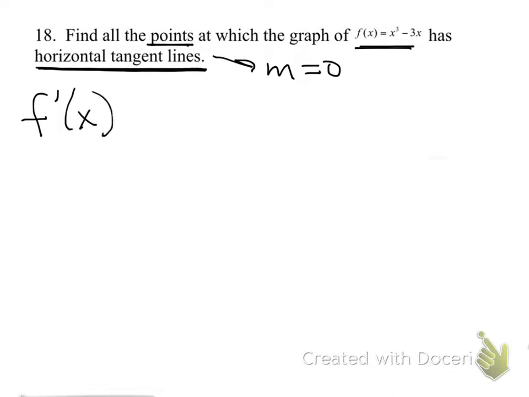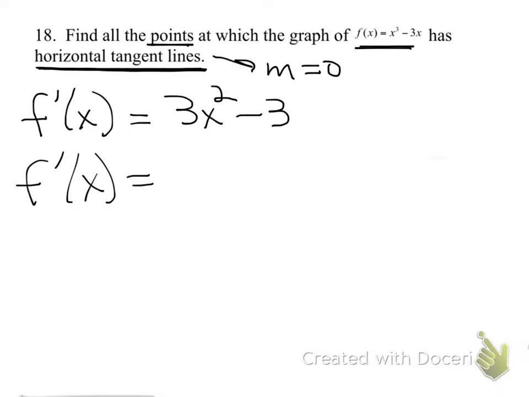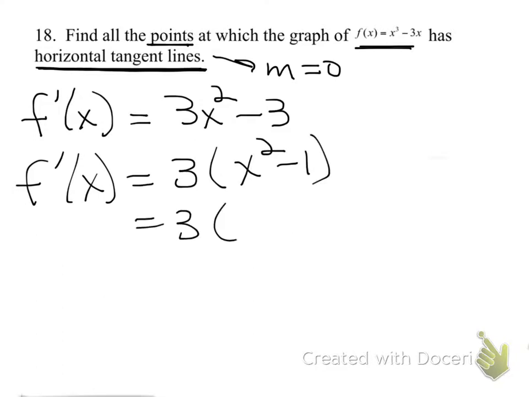F prime of x equals, take your derivative, 3x squared minus 3. Okay, factor that. So I'm getting, factor out a 3, x squared minus 1. And now I could factor that further. X plus 1, x minus 1.